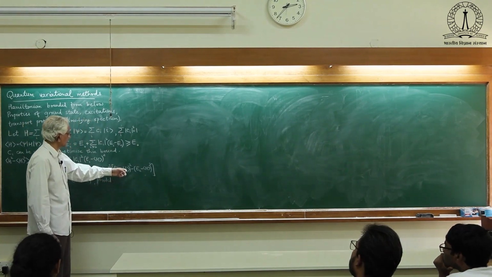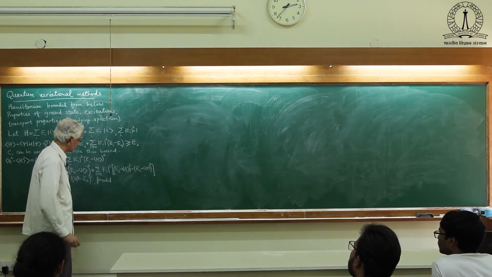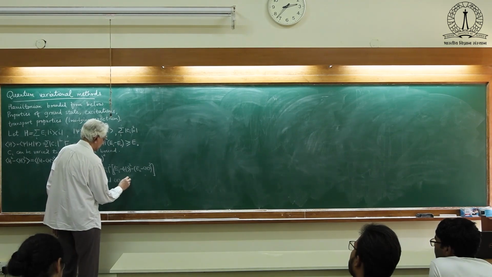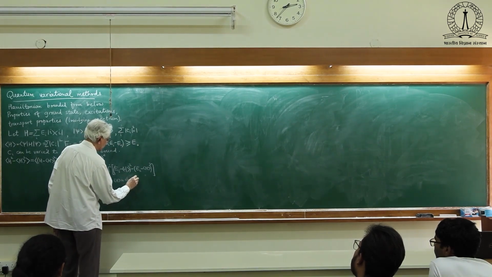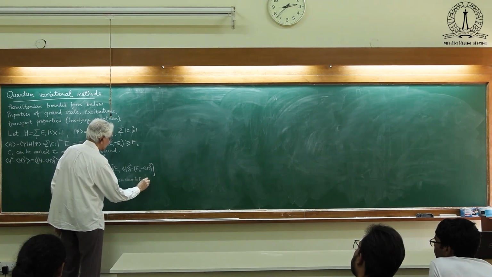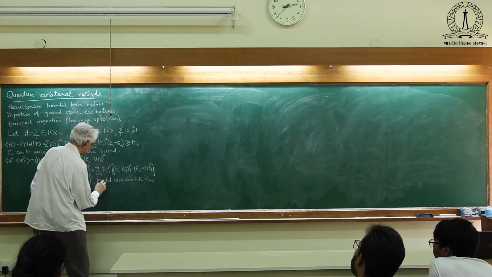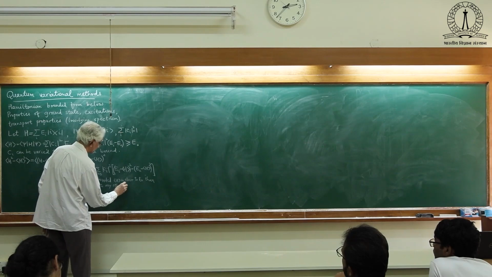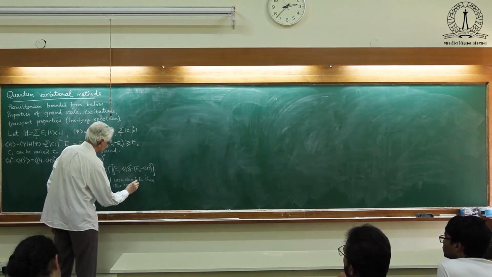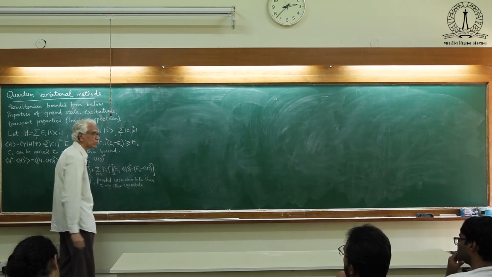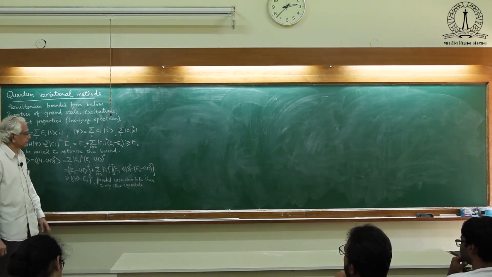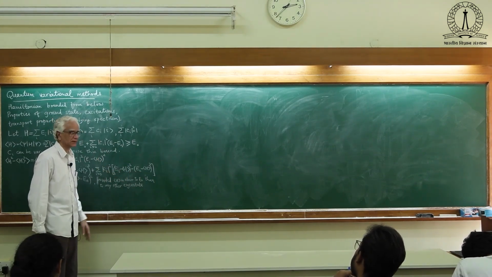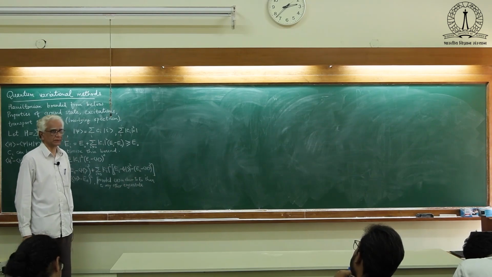And what does it mean when it will be positive? It will be positive when h is closer to E0 than to any other eigenstate, then this number will be positive.